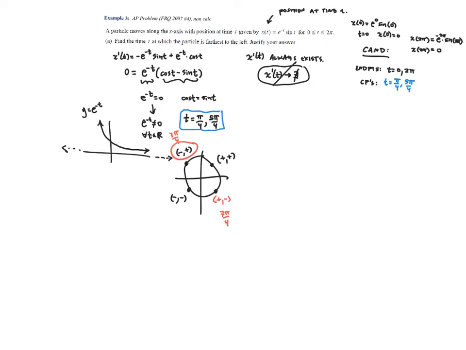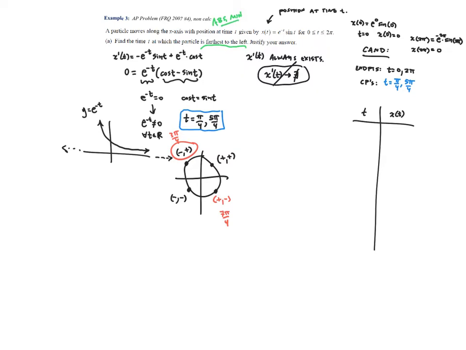All right, so we're going to check each of these endpoints. I'm going to put my table vertically. So t and x of t. The question asks, find the time t at which the particle is farthest to the left, which means if I'm looking for farthest to the left, that's an absolute minimum.